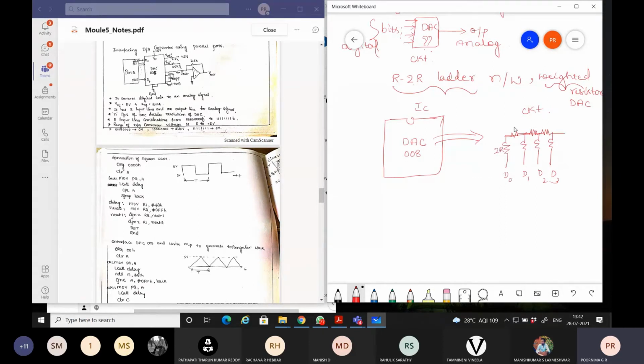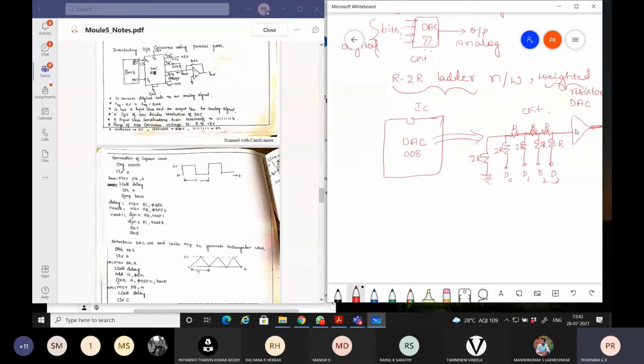This will be 2R and this will be R. Hence it is termed the R-2R ladder network. There will be a 2R which is grounded, and the output of this ladder network is connected to an operational amplifier.